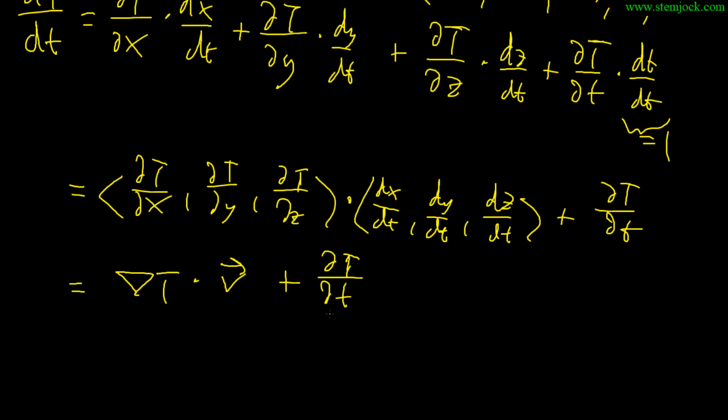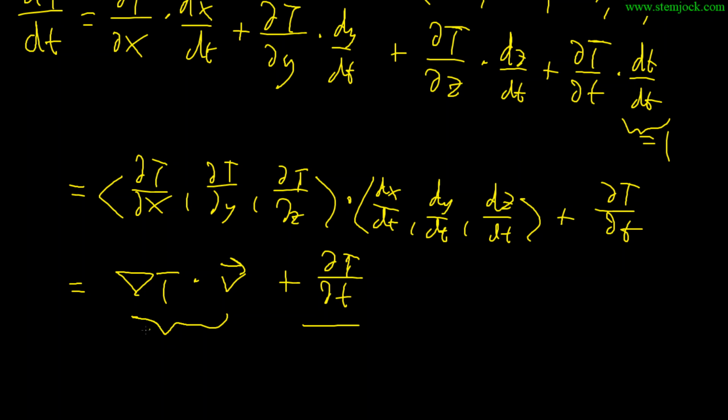So the rate of change of temperature that the fly experiences depends not only on the rate of change of temperature at a specific point, but also on the component of the fly's velocity in the direction of the temperature gradient.